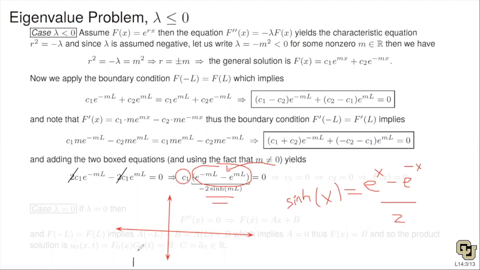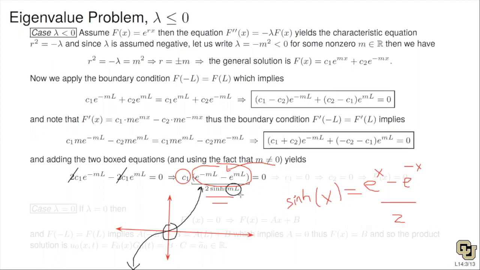The graph of sinh kind of looks like this. And so you see sinh is only 0 at 1 point, at 0. So here, if sinh of blah equals 0, the blah has to be 0. So here, m times L is not 0. That's what we know. We know for sure m is some number.